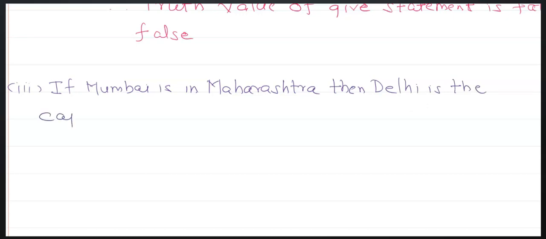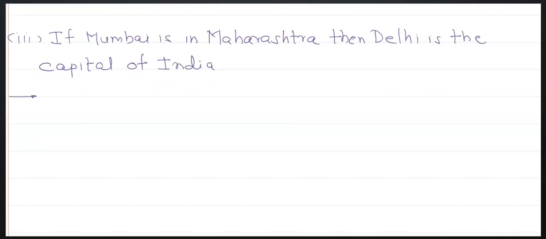Now, Mumbai is in Maharashtra. Yes, the truth value of that statement is true. Delhi is the capital of India. Yes, it is also true. That is T implies T. Therefore, it is true. What about the implication table?